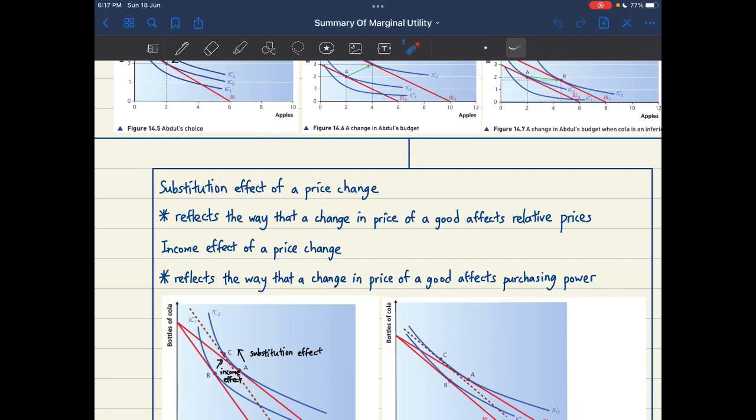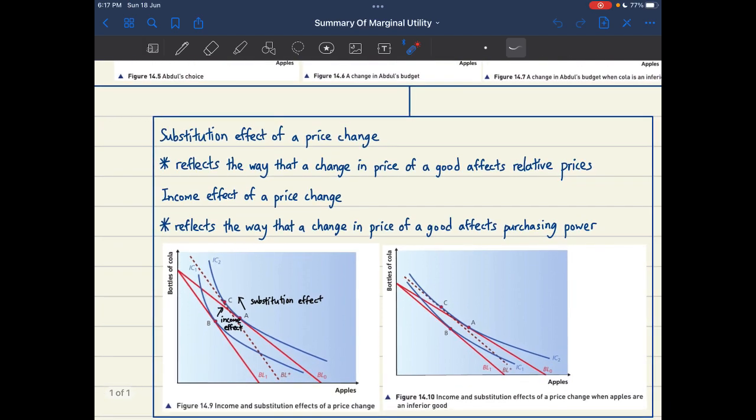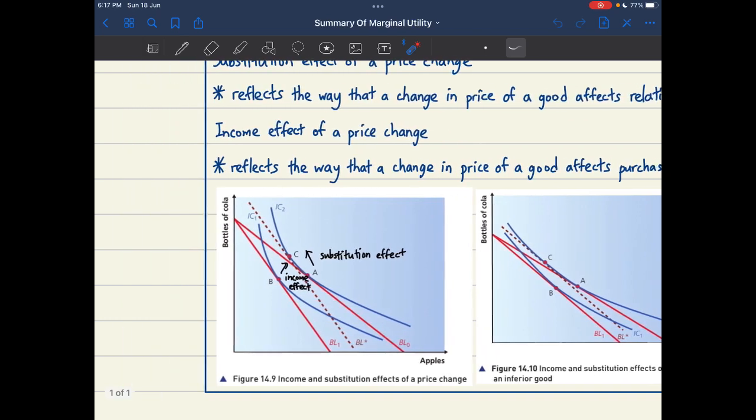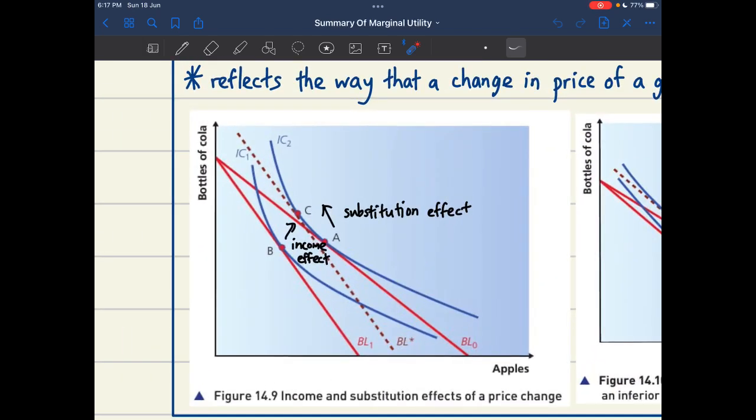It basically means the way that a change in price of a good affects relative prices, which is, as you can see here, this would be your substitution effect, which is from A to C. Now let's say the price of apples has increased, and when the price of apples increases, the bottles of cola remain the same, but the maximum unit of apples I can purchase has now decreased from BL0 to BL1.